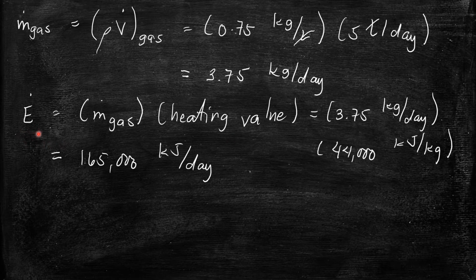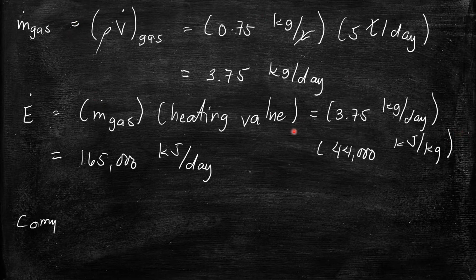This is the energy flow rate, and this is equal to the mass flow rate of the gasoline times the heating value. So we have the value 3.75 from the previous calculation: 3.75 kilogram per day times the 44,000 kilojoule per kilogram, and this is equal to 165,000 kilojoules per day.